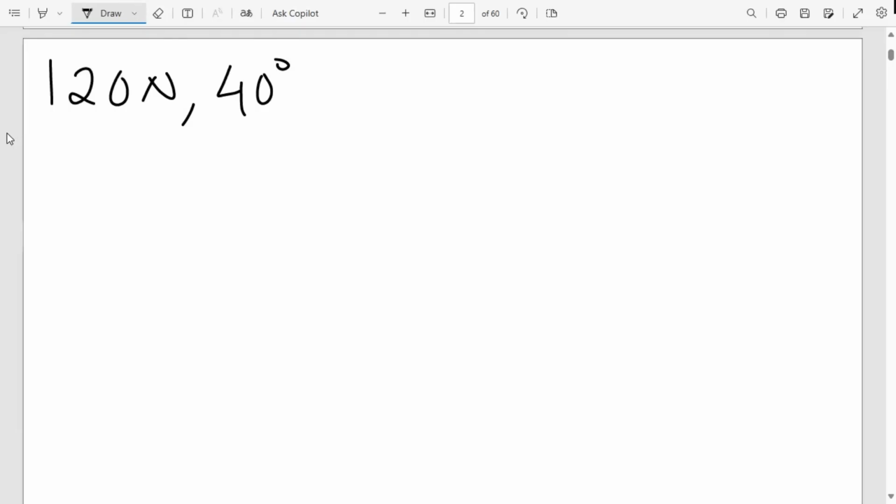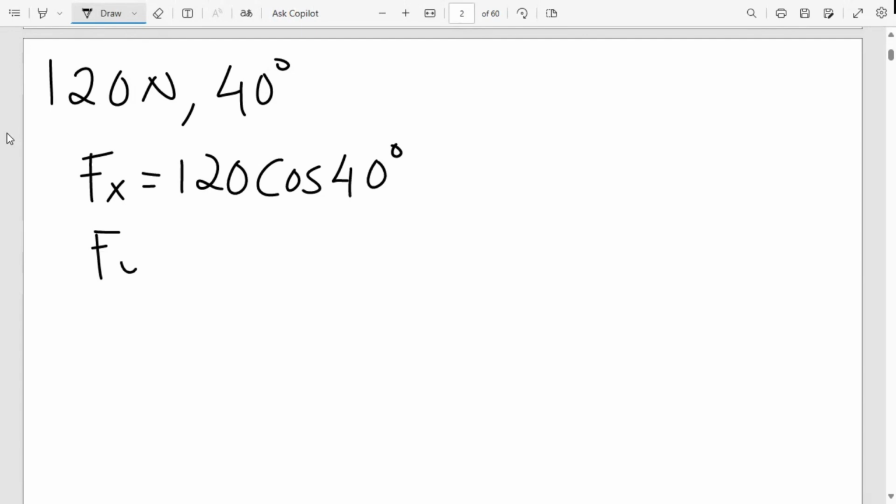So let's resolve this into its respective components, the x and the y component. For Fx, this is going to be equal to 120 cos 40 degrees, whilst for the y, this is going to be equal to 120 sine 40 degrees. I'll punch this into my calculator.